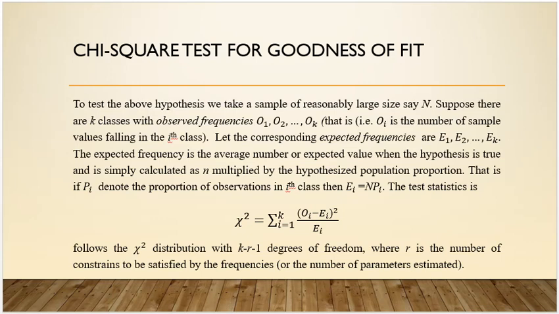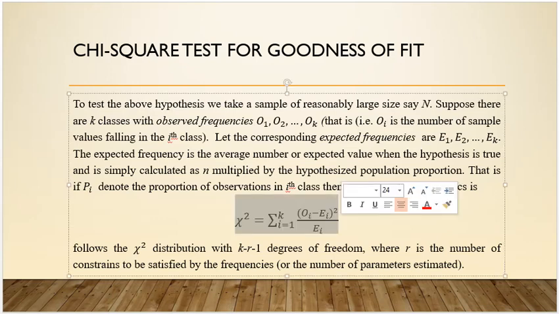So this chi-squared follows the chi-square distribution with k minus r minus 1 degrees of freedom.